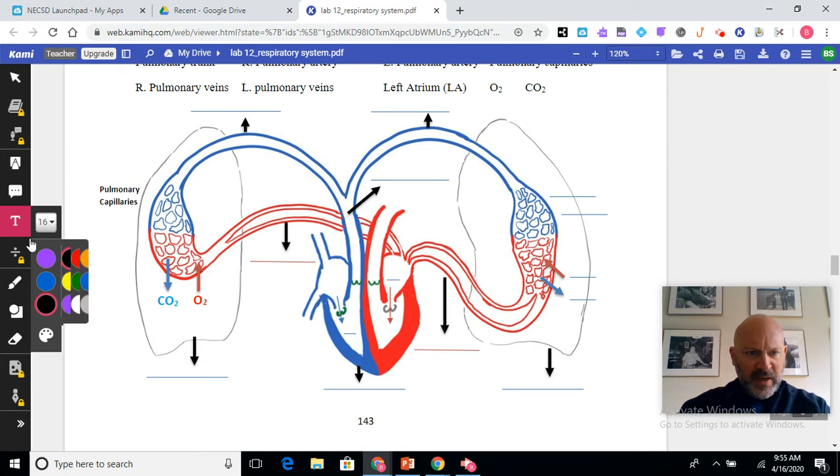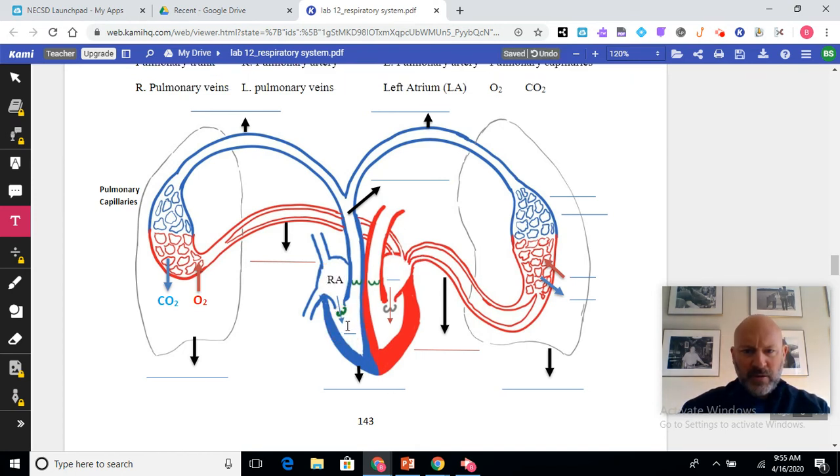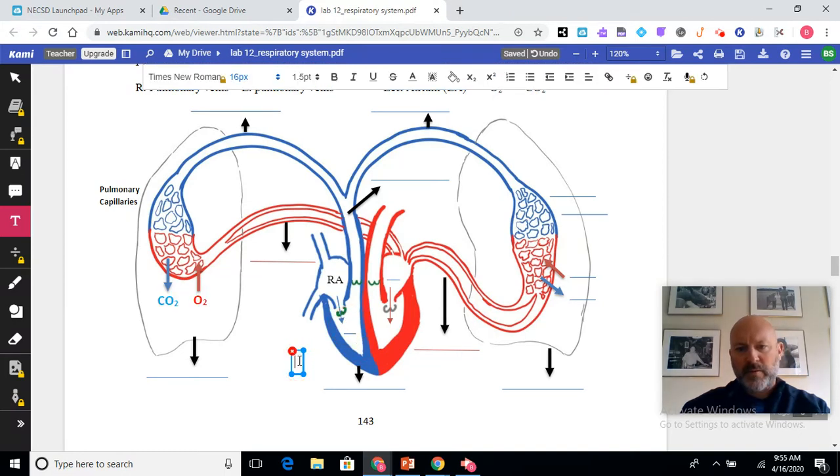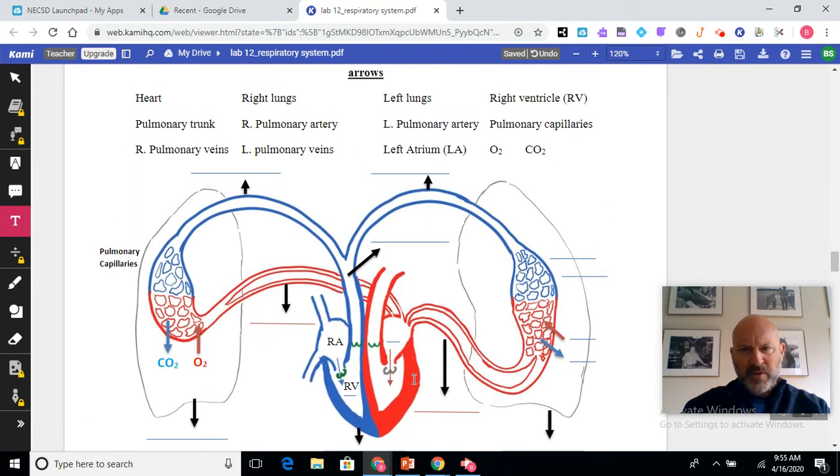All right, so we could add here, inside here, this is our right atrium, and down here, this thing is not behaving. Come on. Oh, come on. We have the right ventricle.